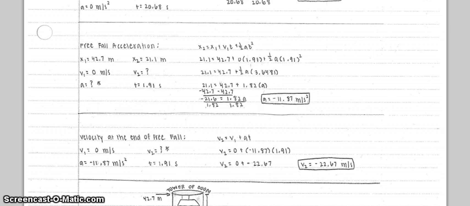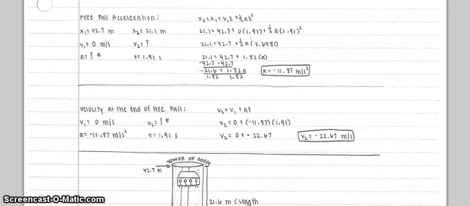Acceleration is what we're looking for, and the time is 1.91 seconds because that is how long the ride is in free fall. After plugging in what I know into the equation and solving, I get that the acceleration is negative 11.87. And this is okay that it is negative because the ride is coming back down to the ground.